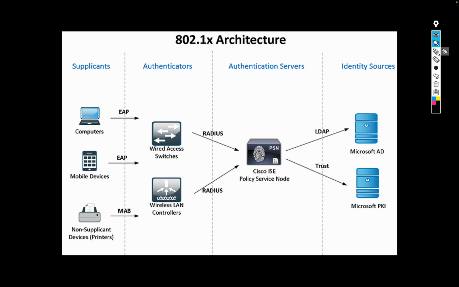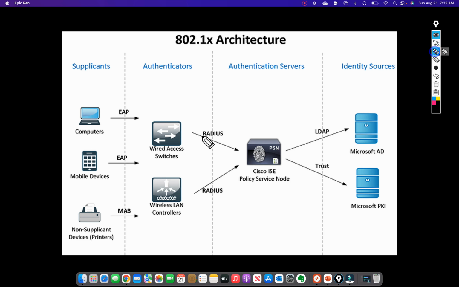So the 802.1x architecture is the same thing as before. We have these supplicants here, and one thing I want to mention is about the flow. Between the supplicants and the authenticators, only one protocol is allowed: EAP.